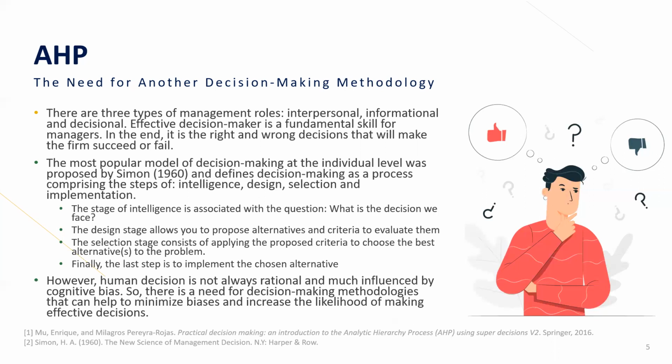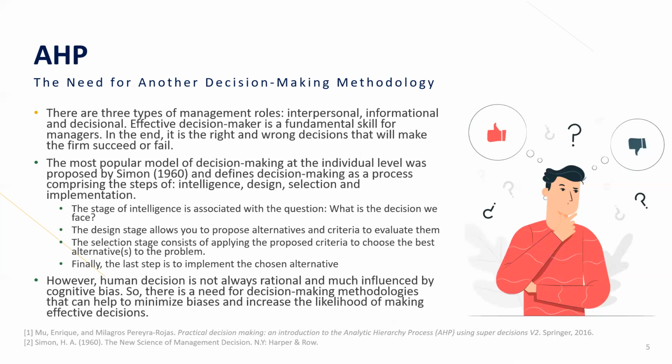Then the decision making process normally involves a stage like what kind of alternatives or solutions you will propose, and what kind of criteria for each of those solutions you will consider.